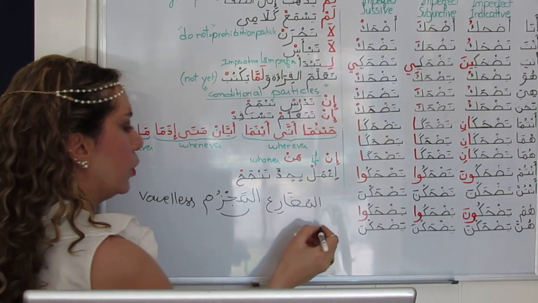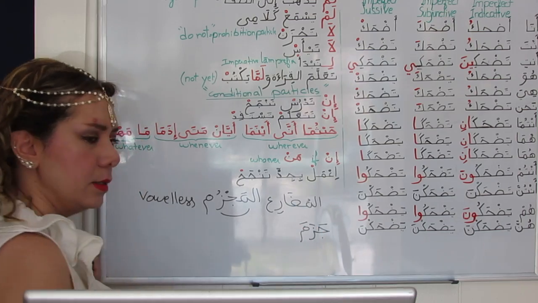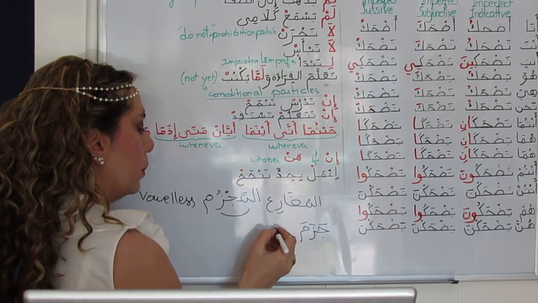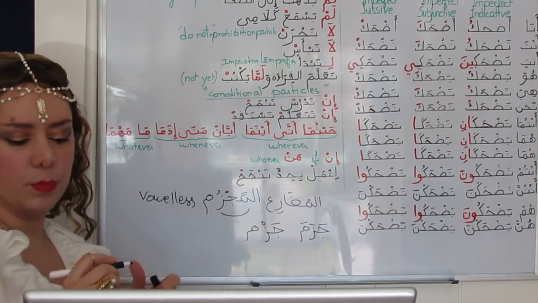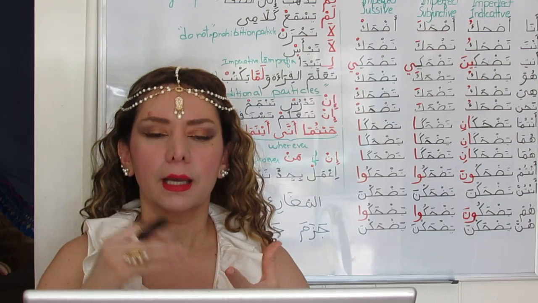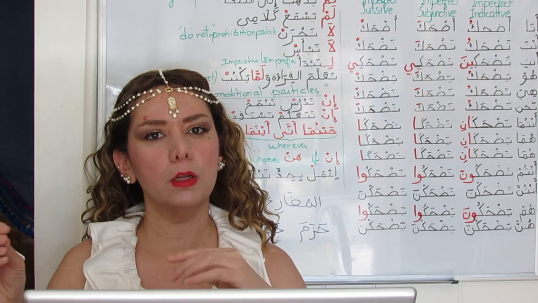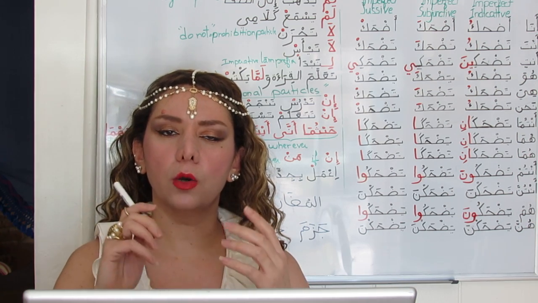It's from the verb جزم, which means to cut off. The verbal noun جزم is the cutting off of a sound or syllable of a word, or the expression of a command.